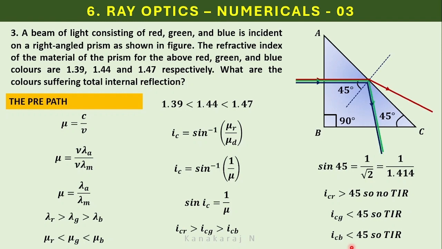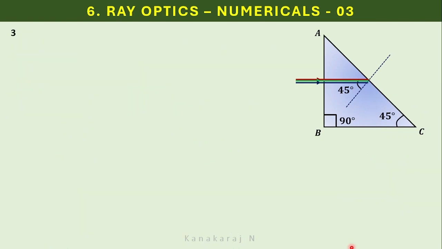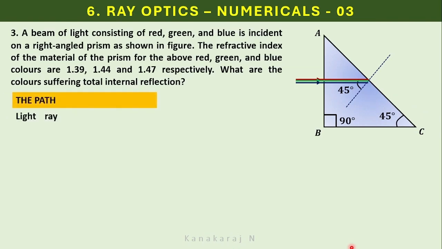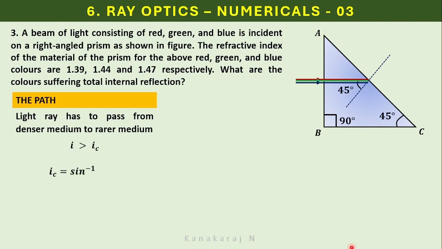Good. So let us go for another alternative method. The prerequisite: the light ray has to pass from denser medium to rarer medium for total internal reflection. Then the angle of incidence must be greater than the critical angle. Then the third, the critical angle IC equals sine inverse of mu r divided by mu d.